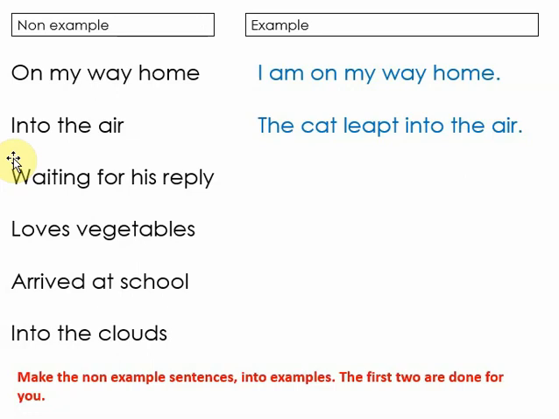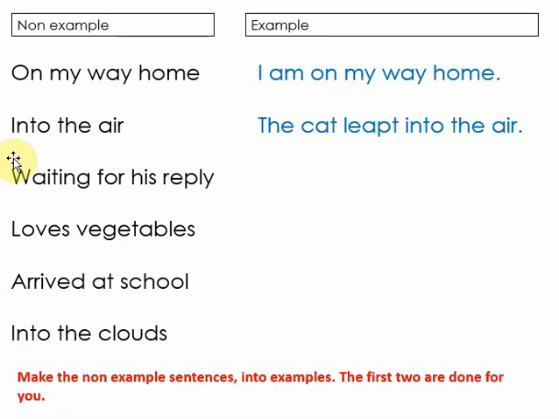Here's my example. On my way home is the fragment, or the non-example sentence, and the example is I am on my way home. What we've added there is the subject I, and we've also added the verb am. So we've now got a subject, a verb, and an object. Likewise, for the second example, into the air, we're missing the subject and the verb.